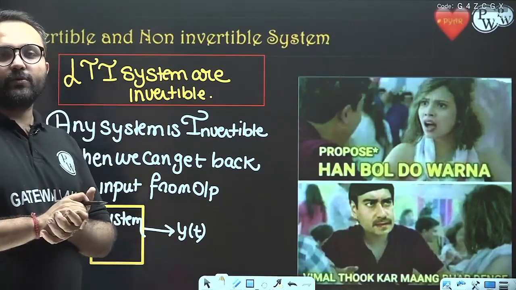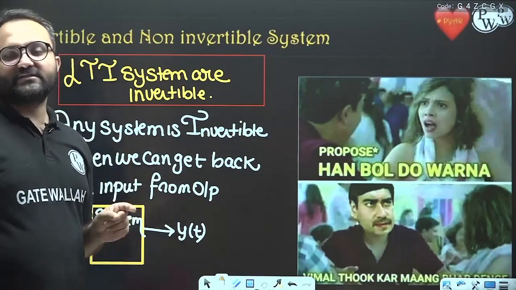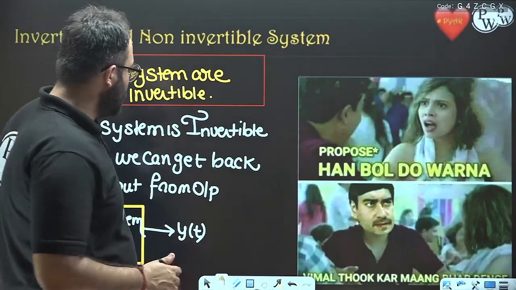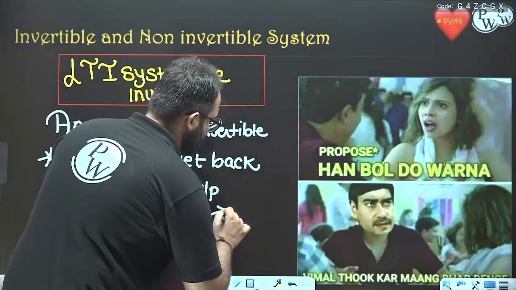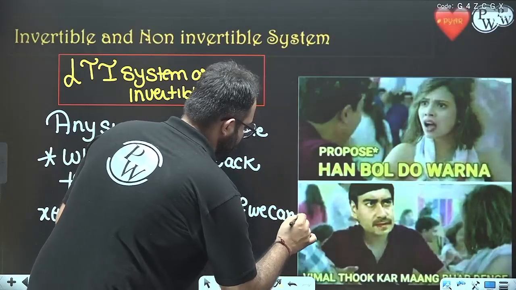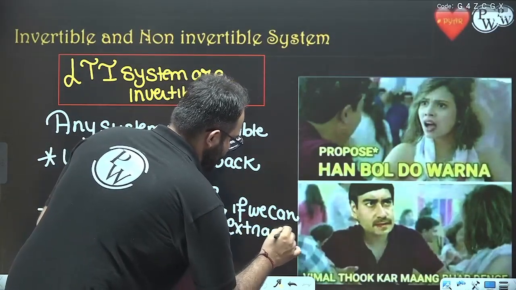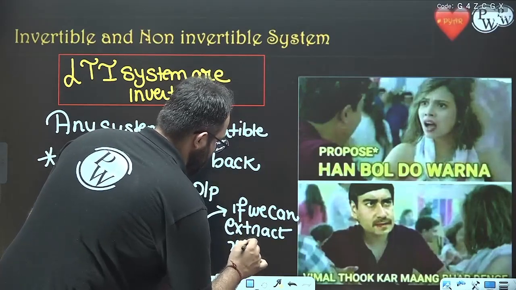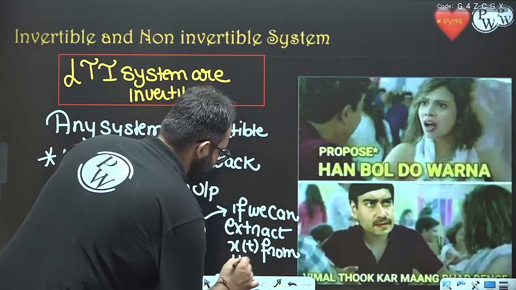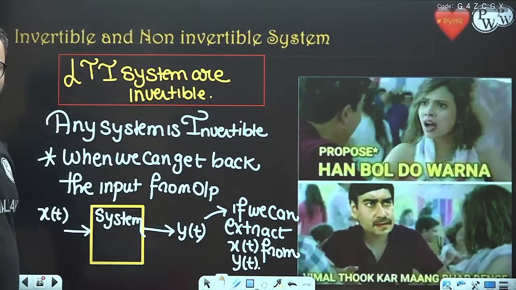If we are able to extract x(t) from y(t), the system is called invertible.